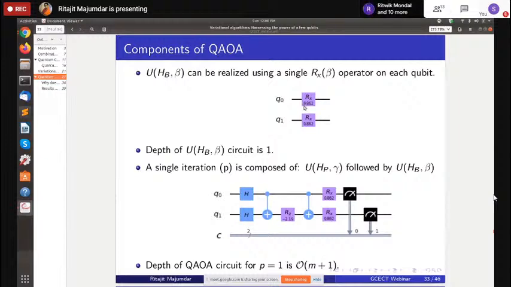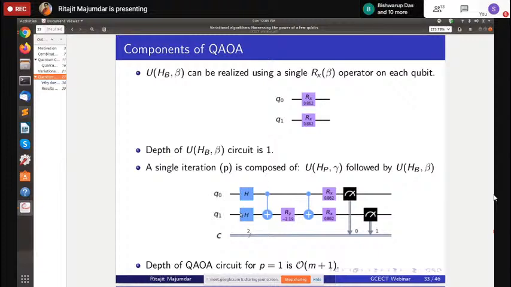For my simulation, I took 0.862 for this Rx. And again, the depth of this circuit is 1. So we now have a total circuit. This circuit is for a graph that has a single edge and two vertices. Q0 and Q1 are the two vertices, and there is a single edge. For this graph, this is the entire circuit.